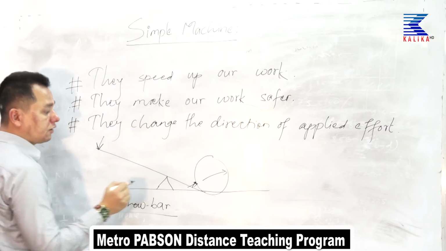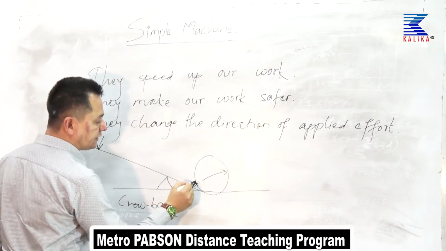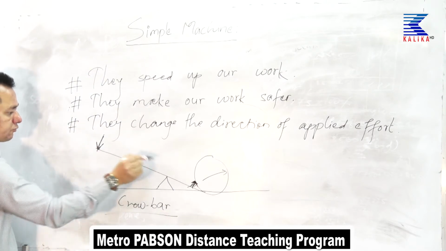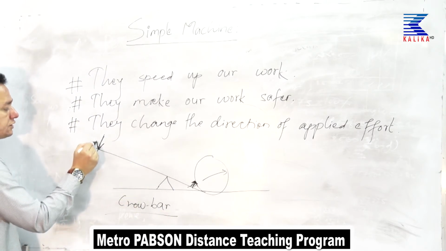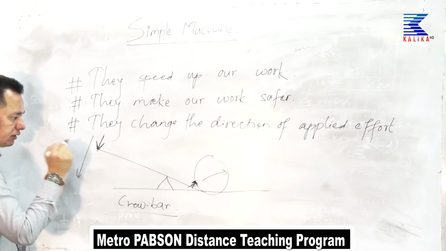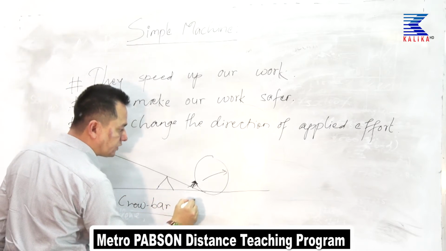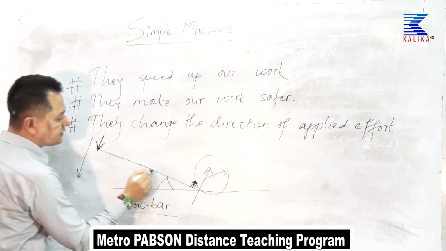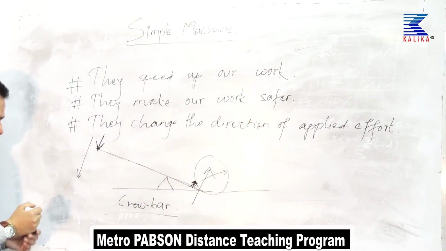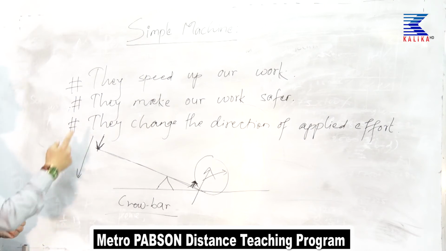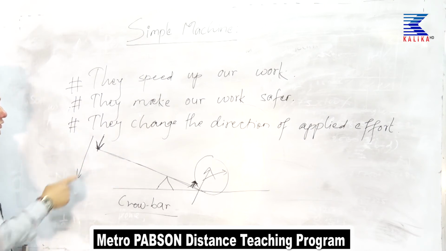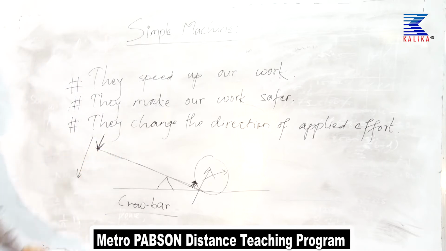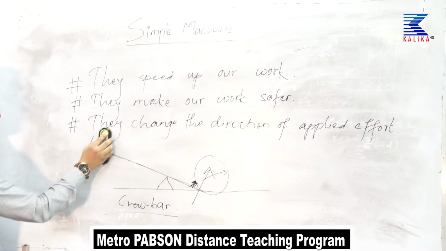With our bare hands, we would have to use force in this direction, but here we are applying force in just the opposite direction. Force is applied in this direction, but its output is in the upward direction. This device is changing the direction of our applied effort. So, the meaning is clear. They change the direction of applied effort.